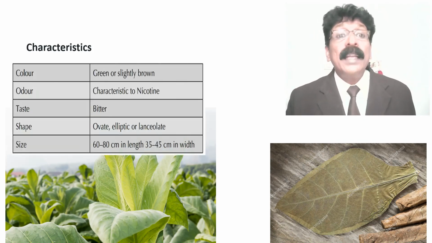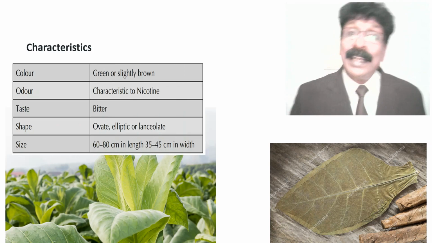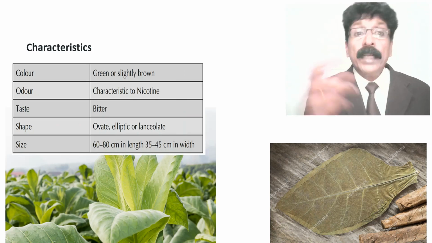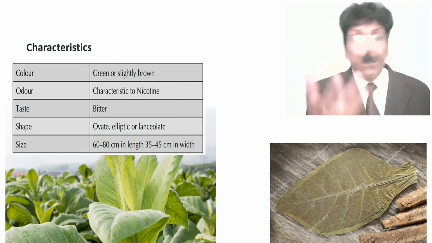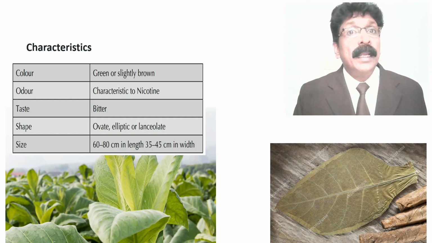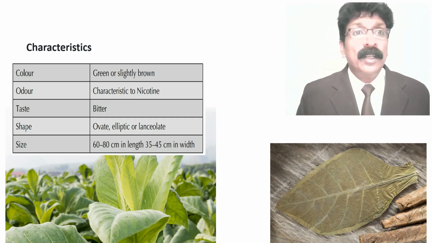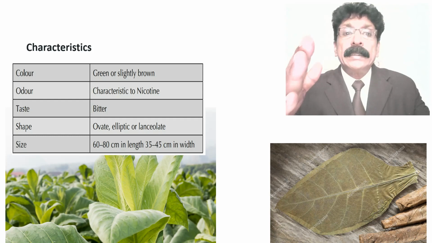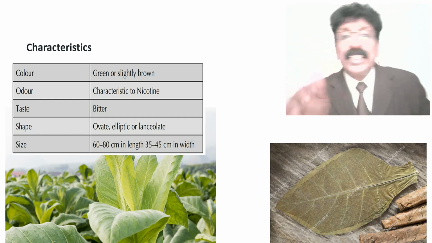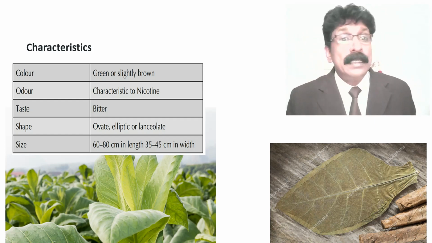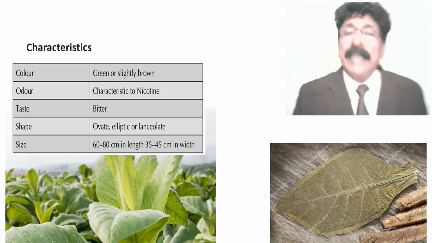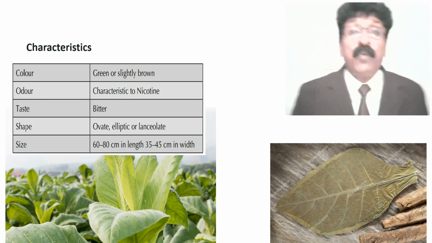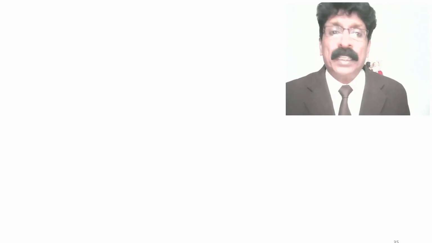Color is green or slightly brown. Odor is characteristic of nicotine. Taste is bitter. Shape is ovate, elliptic or lanceolate, 60 to 80 centimeters in length and 35 to 45 centimeters in width.